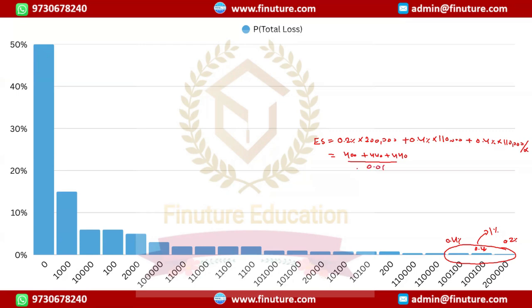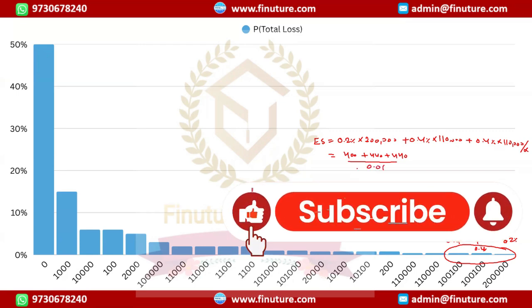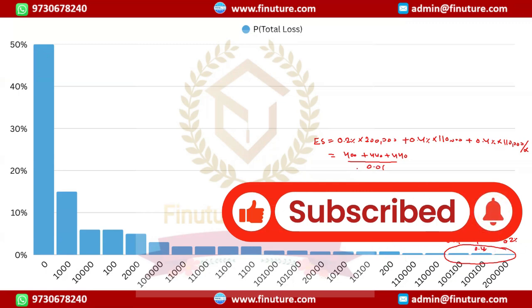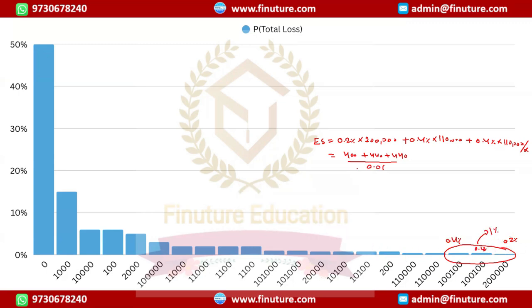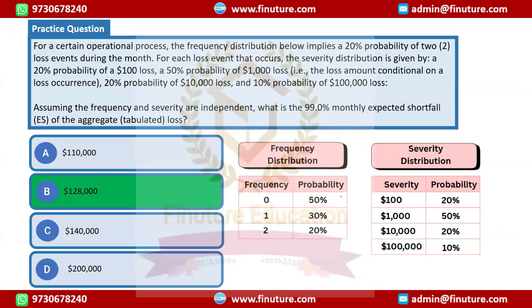If you calculate this, 440 plus 440 plus 400 comes around 1280. Divide by 0.01, that will get multiplied by 100. So it's 128,000, which is the answer.